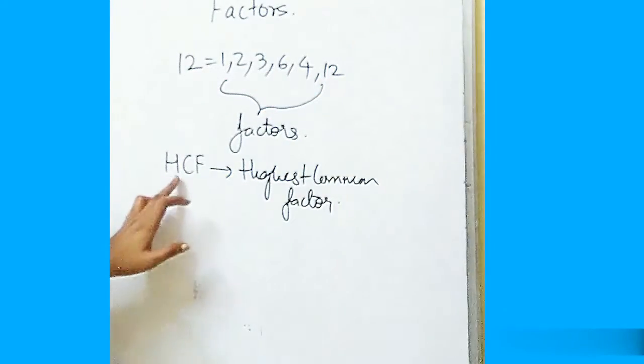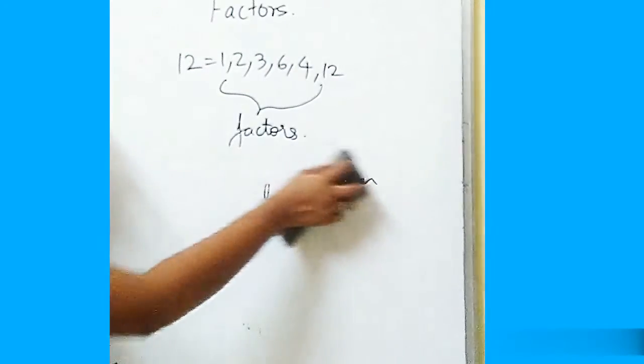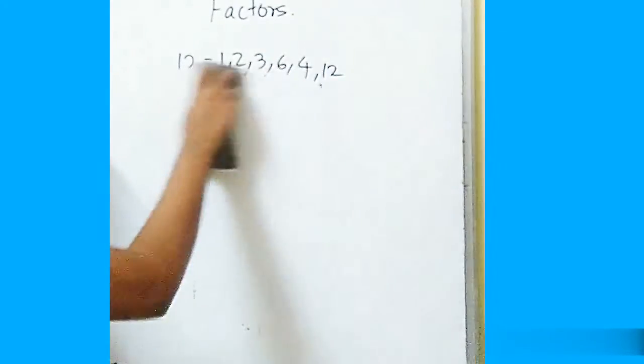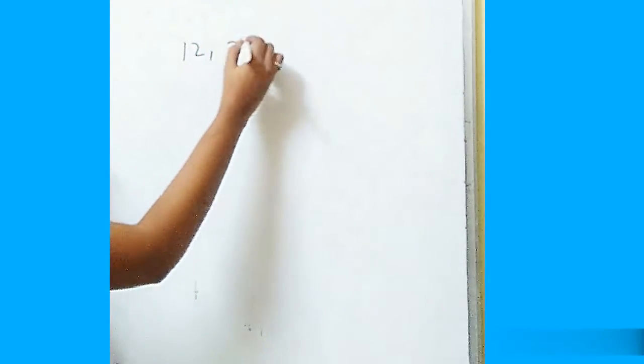But this highest common factor you have to determine among a set of numbers. Like for example, we'll see with an example, student, then you will understand. For example, I am taking 12 and 36.